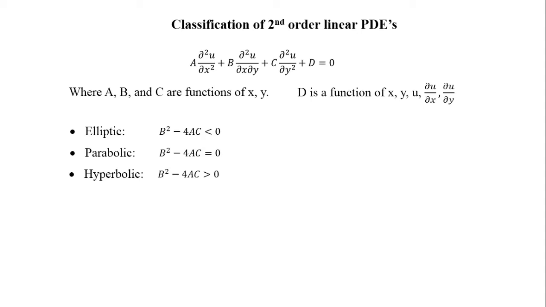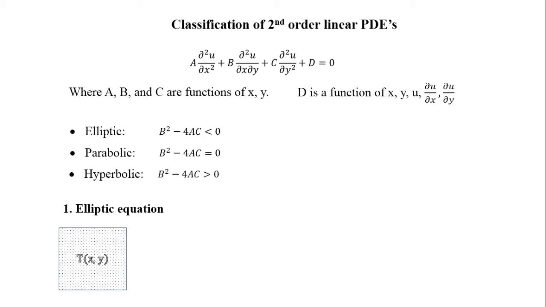Let us see an example of an elliptic equation. This is a two-dimensional plate, and suppose the temperatures of the boundaries are given in terms of some boundary conditions, and we are interested in determining the steady state temperature of the plate at different locations. Then the second order partial differential equation which governs this system is the Laplacian equation, written here. Here we have one dependent variable, temperature T, and two independent variables x and y.